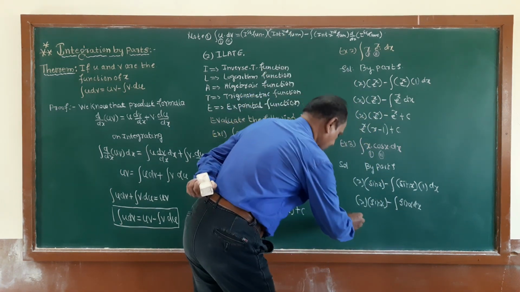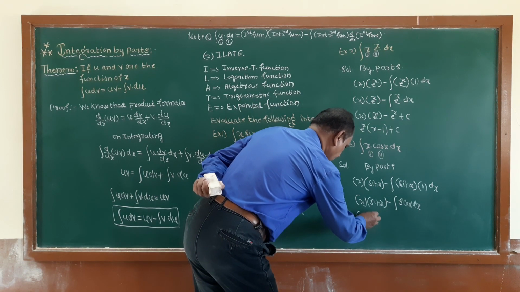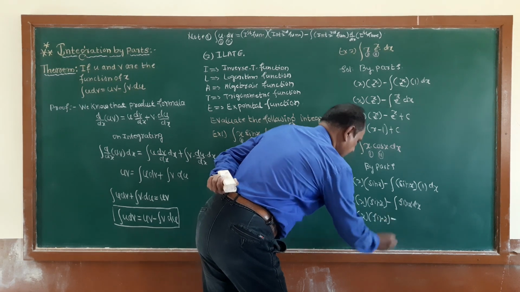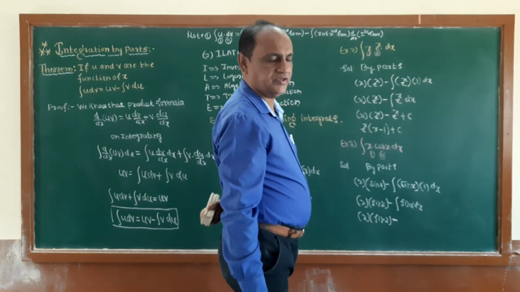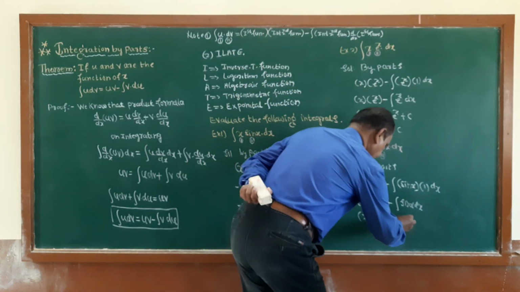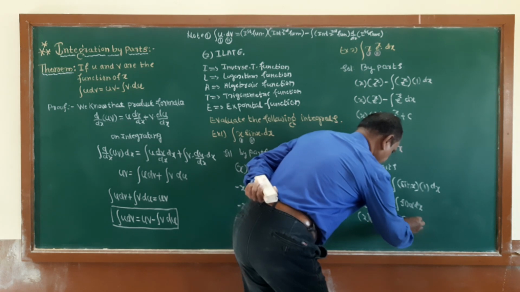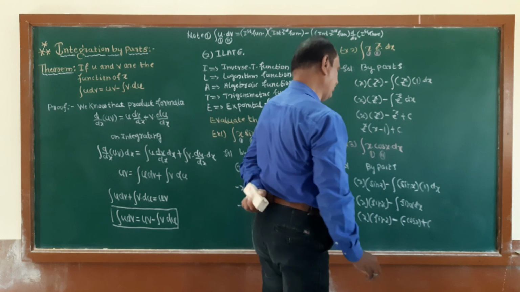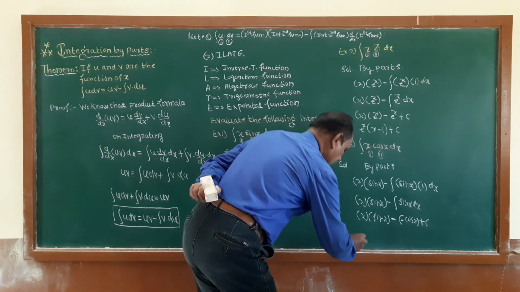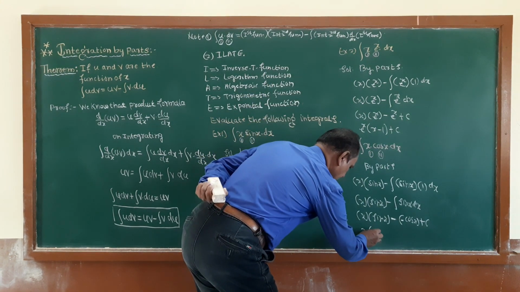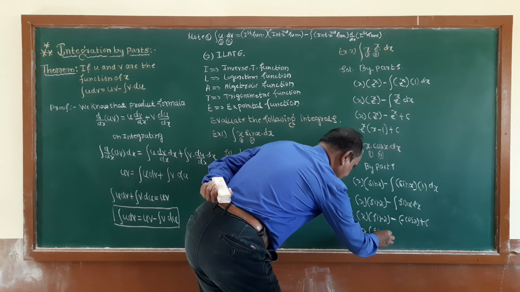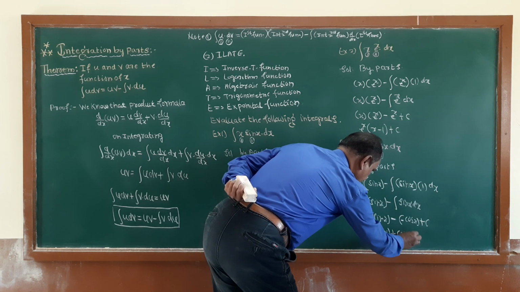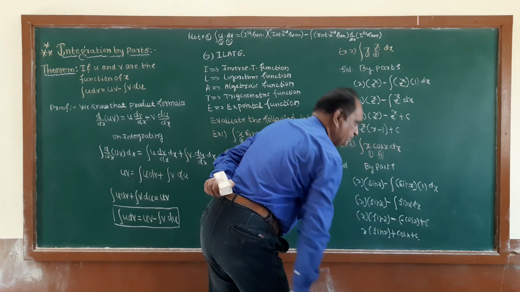So x sin x, then minus the integral of sin x, which is minus cos x, and then plus c. At the end you have to rewrite the given thing. So write x as it is into sin x, minus of minus, that is plus cos x, then plus c.